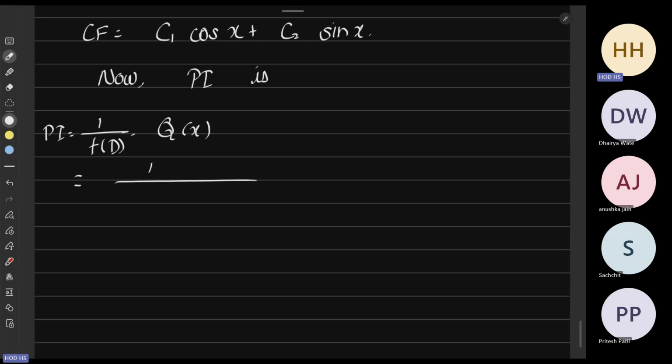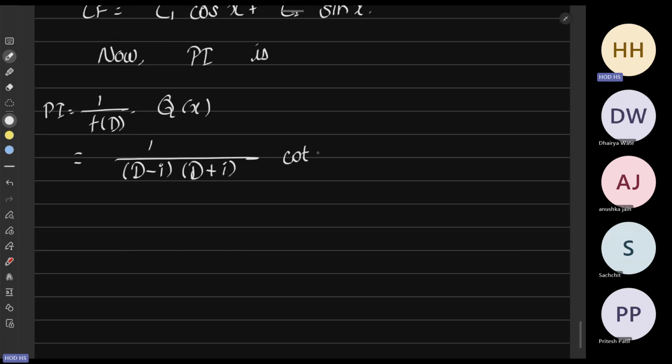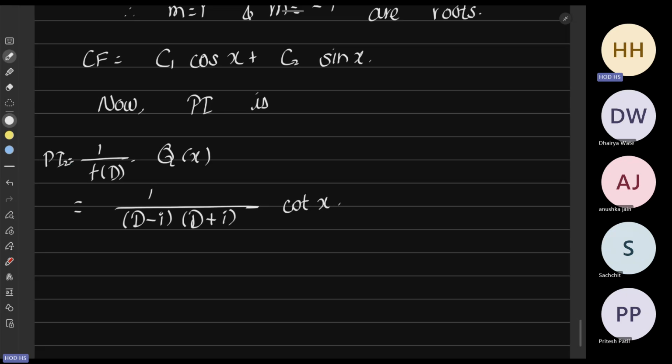In this case, it is 1 upon, I can rewrite this as D minus iota and D plus iota, because these two are the roots from above. And I will just consider only x. So PI1 here is 1 upon f of D times x, which can be calculated easily. Notice that by observation, I can directly write that as a x, but I will recommend going through the process to calculate this value.